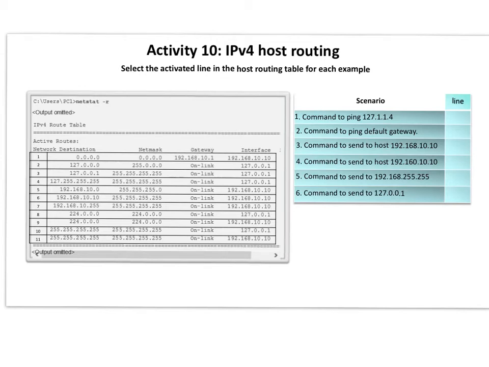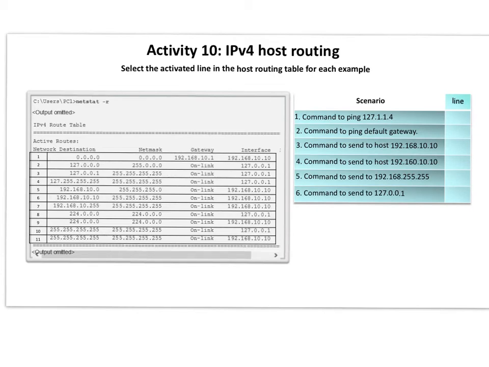In some cases, it matches in two lines. Then in that case, the rule is we take the line that has the longest subnet mask, which means that we get the maximum match for the network part. So we'll do that together.